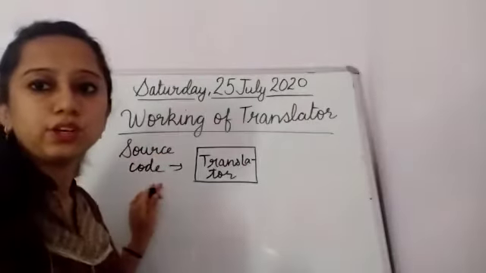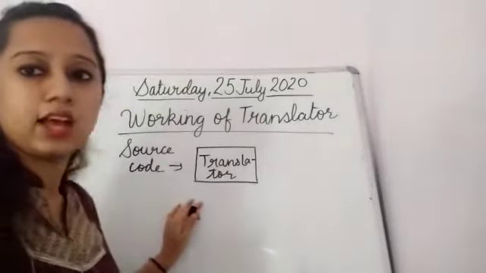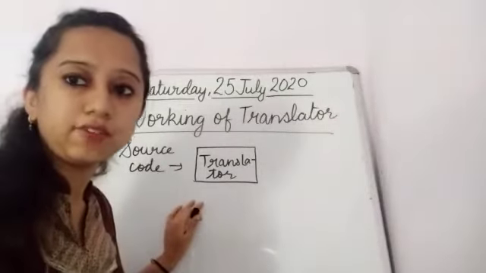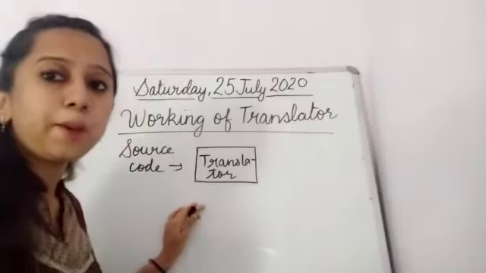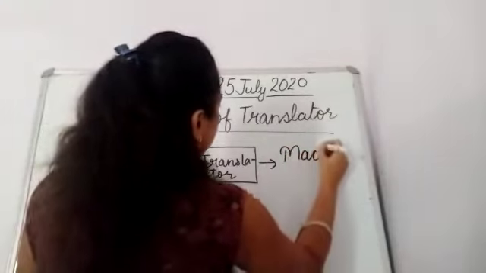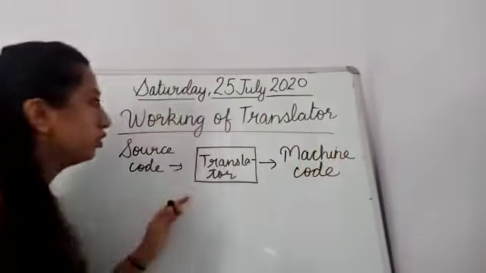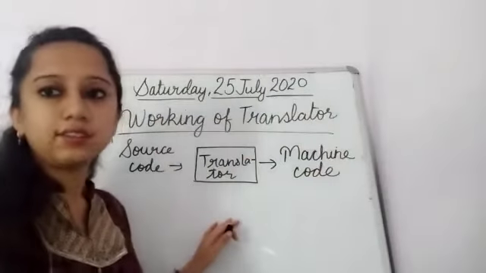So your source code is the program which is written in the high level language, and with the help of a translator it is converted or changed into machine code. So this is the working of your translator.